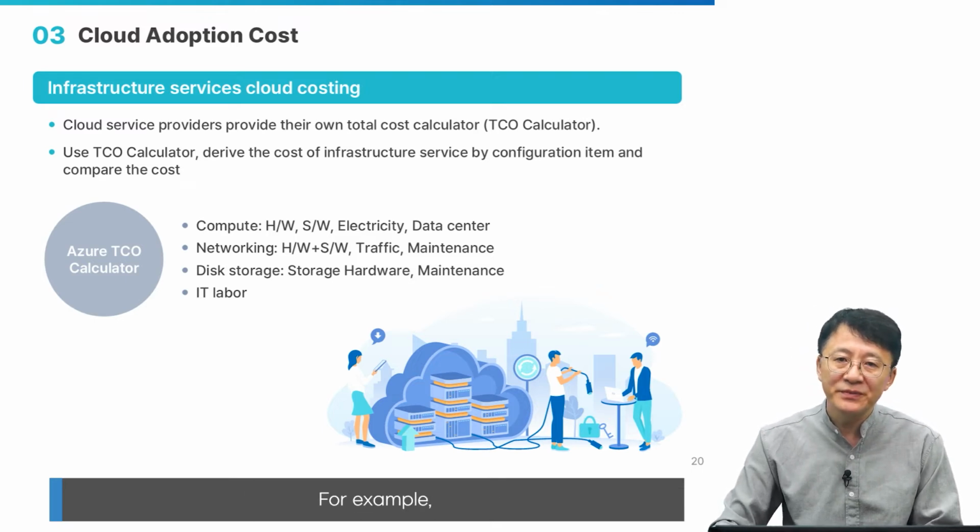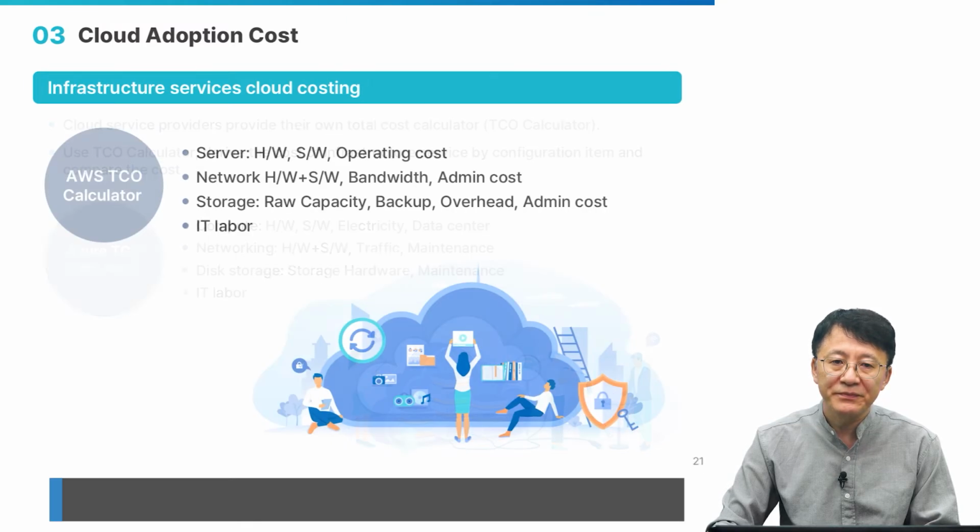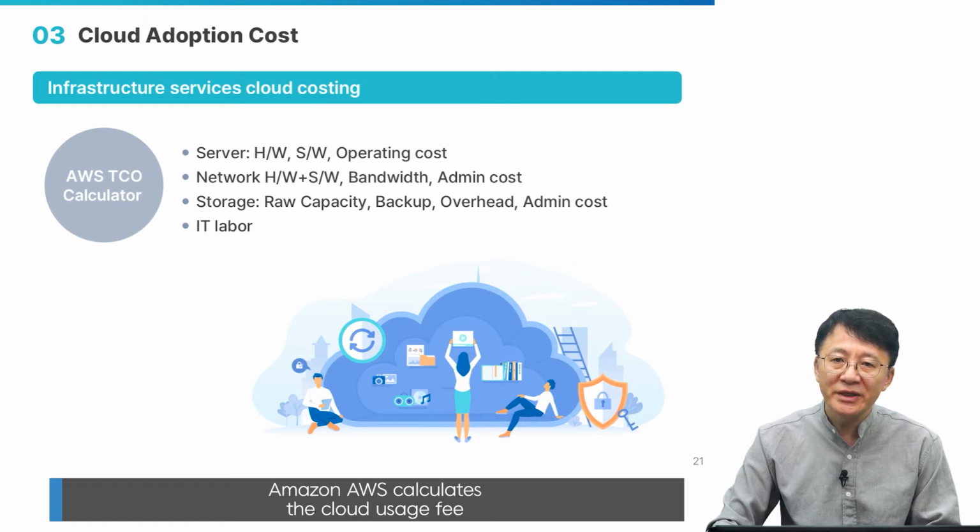For example, Microsoft Azure Cloud calculates cost based on computing and networking, disk storage, and IT personnel. Amazon AWS calculates the cloud usage fee based on server, network, hardware, bandwidth, management cost, storage cost, etc.